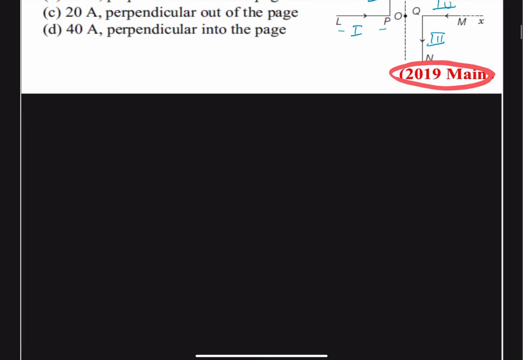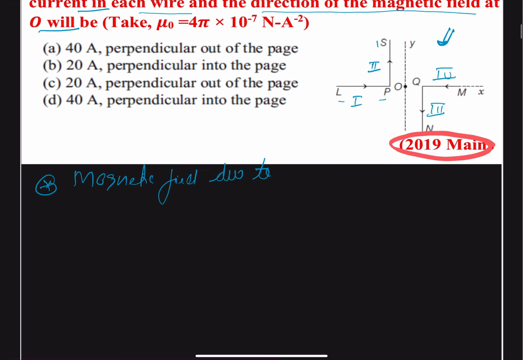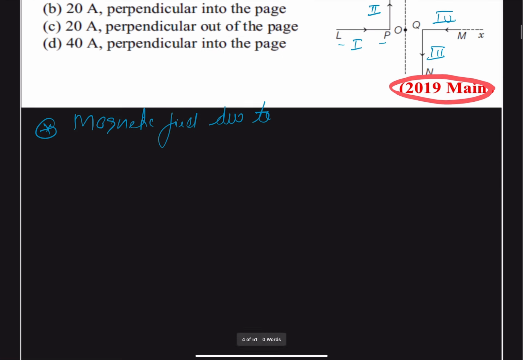And you can say that the magnetic field due to, now these wires are nothing but our semi-infinite wires. Okay, so we can just modify the formula.